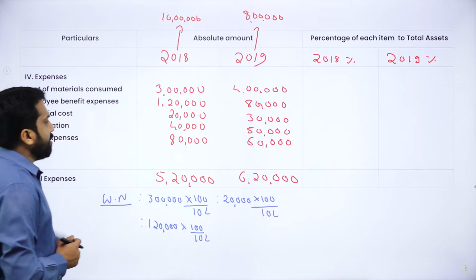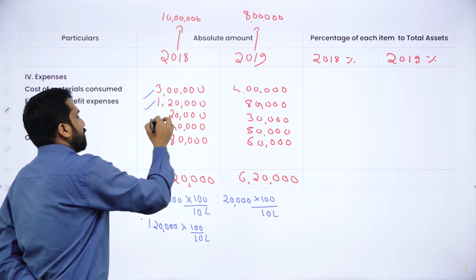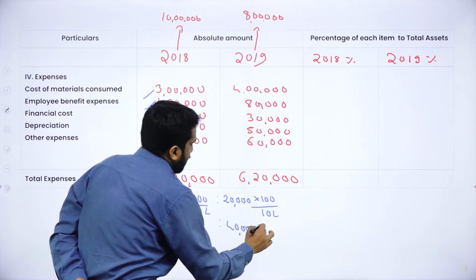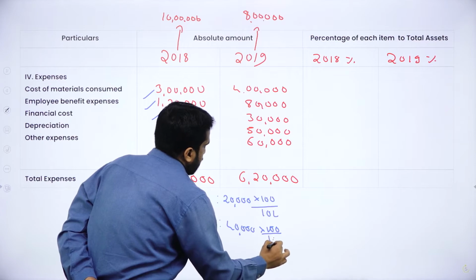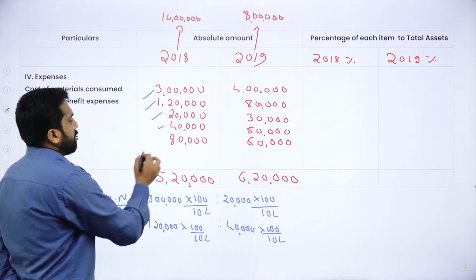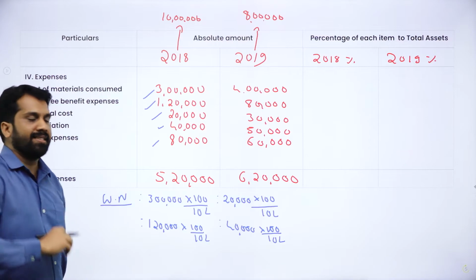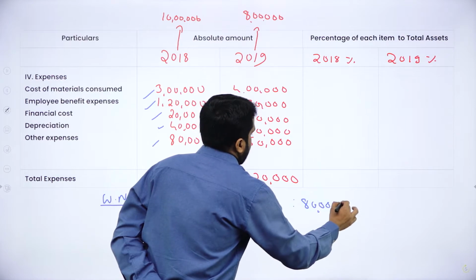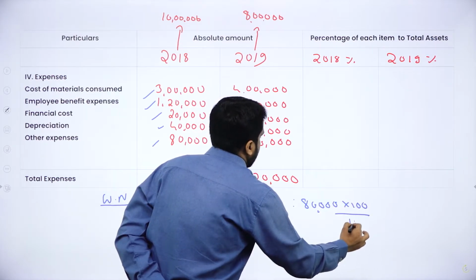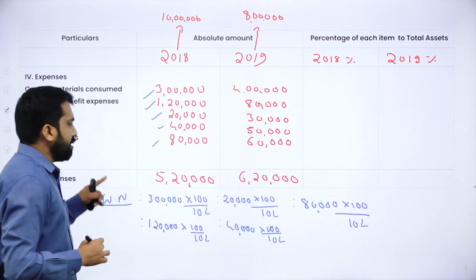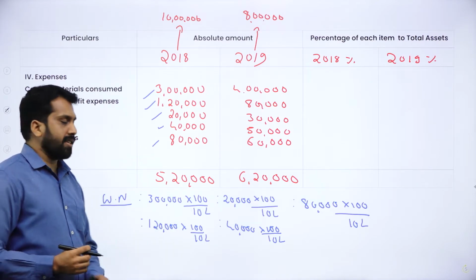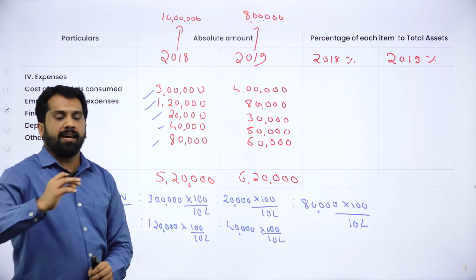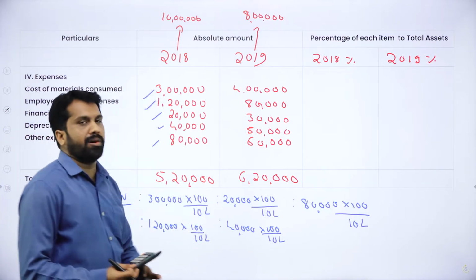Next, 40,000 multiplied by 100 divided by 10 lakh. Last one is what? 80,000 multiplied by 100 divided by 10 lakh. Your working note should be like this. If you simplify this, you will get your answer. I use a calculator to solve all this.